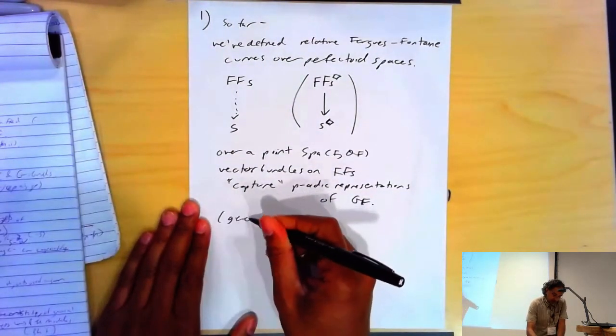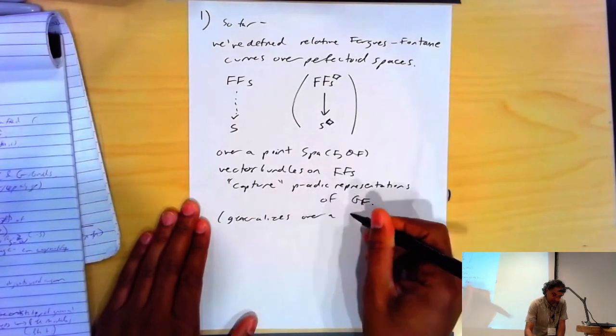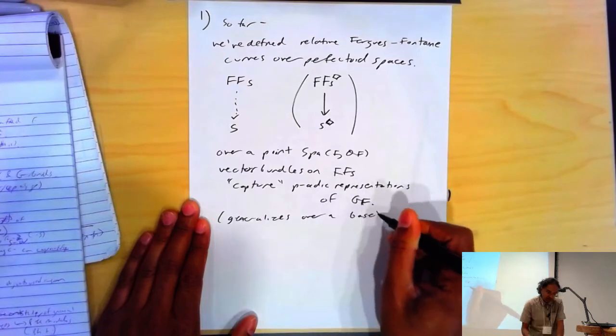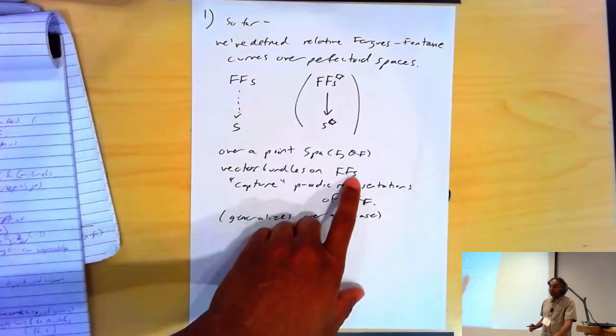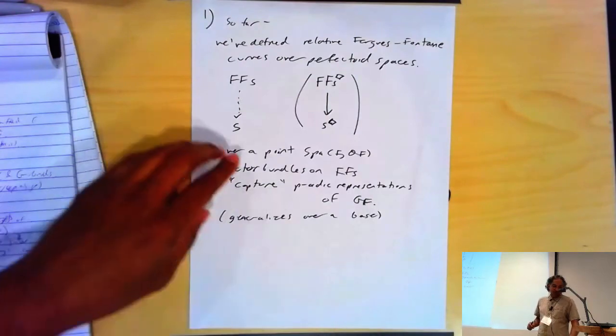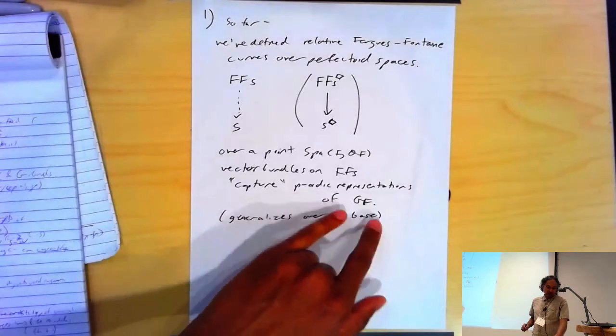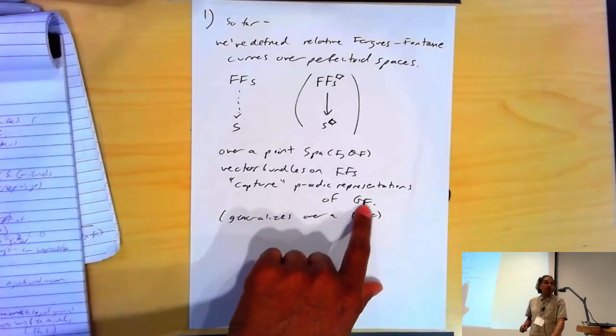In a moment, I'll say precisely how this extends to a statement over a more general base, but keep in mind that there will be some version of this that makes sense for representations of fundamental groups of more general spaces.